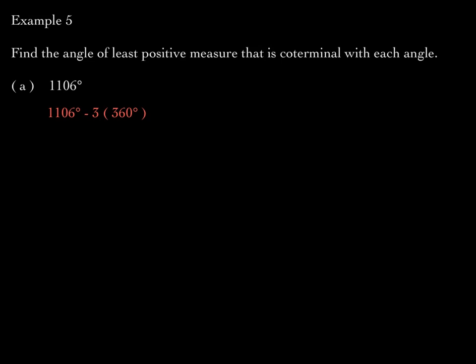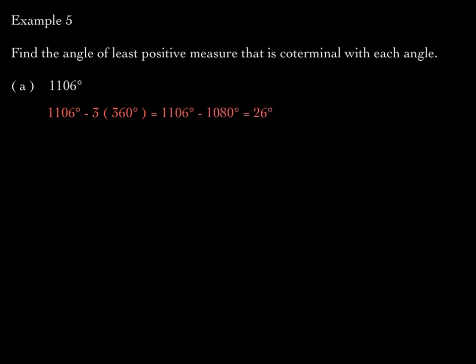If I don't take enough away, like if 3 rotations is actually not enough, then I may end up with an angle that is positive, but not of least positive measure. So it's really important for you to subtract as many full rotations as you can until you have something of least positive measure. Now, 3 times 360 degrees is 1,080 degrees.